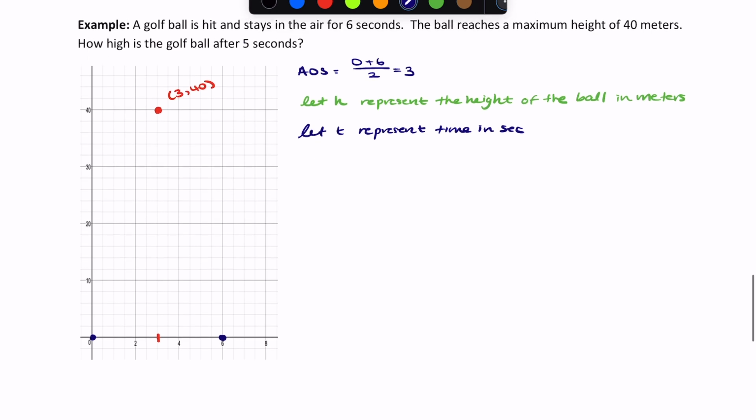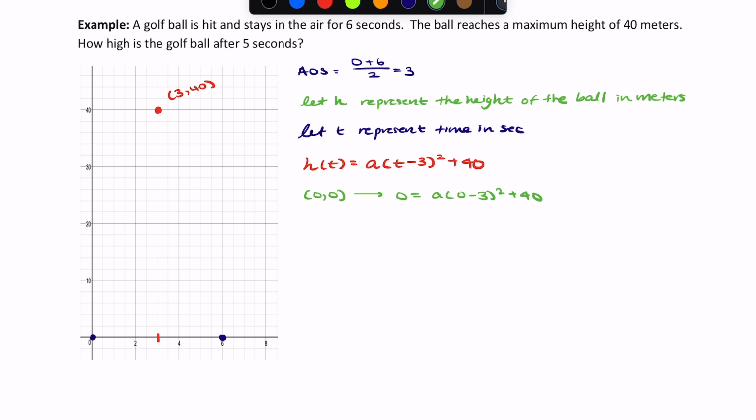Okay, so here we know that the equation would be h of t is equal to a(t minus 3) squared plus 40. And so first we have to find our a value. So here we'll just sub in one of the points. So the easiest point to sub in is (0, 0). And so 0 is equal to a(0 minus 3) squared plus 40.